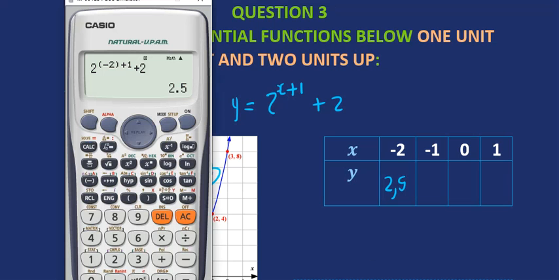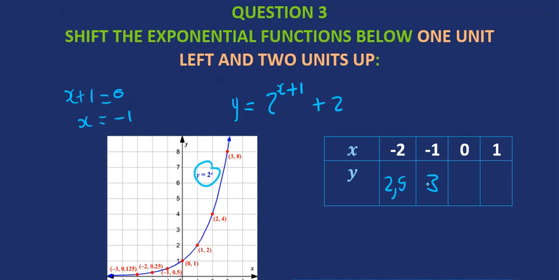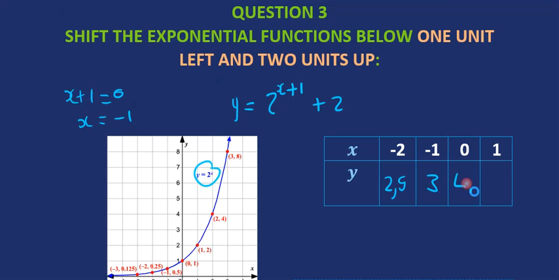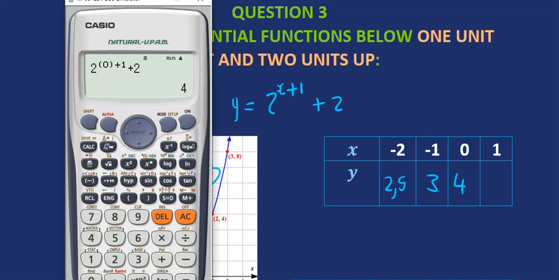If we try out negative 1, if x is negative 1, then y is 3. Let's try out 0. If x is 0, y is 4. Finally, we'll try out 1. If x is 1, then y is 6.